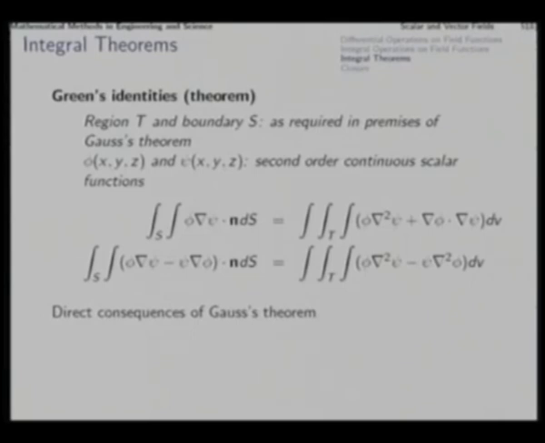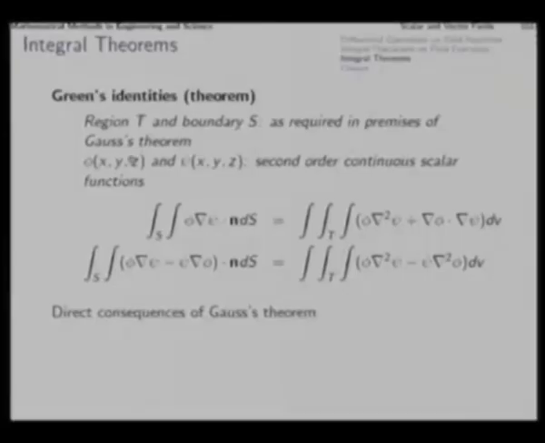There are two further important identities or results called Green's identities, which also work with a volumetric region T with its closed surface boundary S, as required in the premises of Gauss theorem.